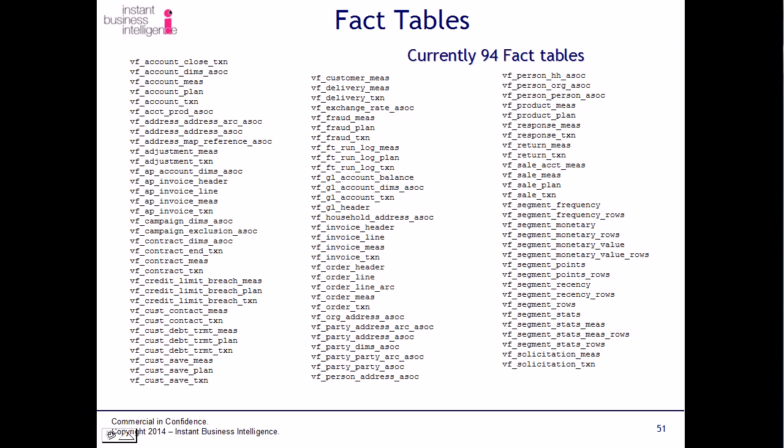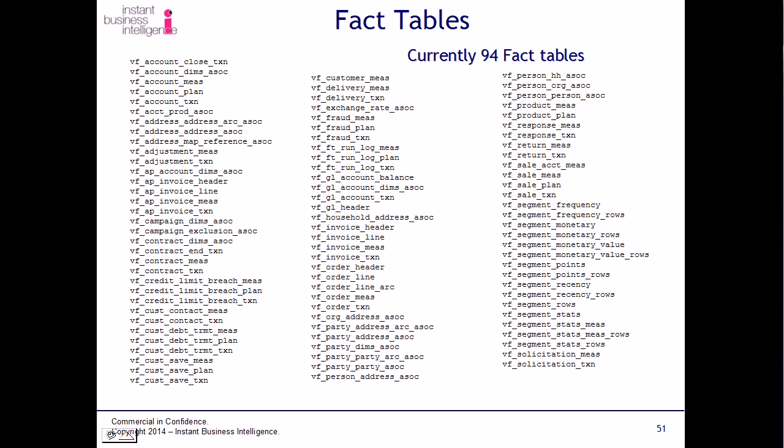In terms of GL, we have the GL account balance, the GL account transaction, and the GL header, and then the GL account to dimensions association, which is a part of the archival process. We have household to address association. So if this household is associated with that address, we keep that as an association.